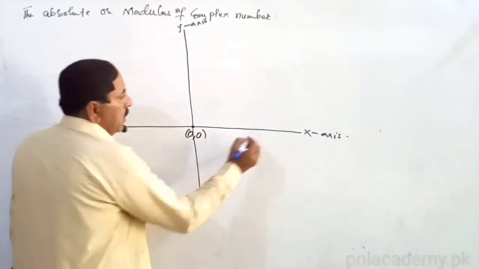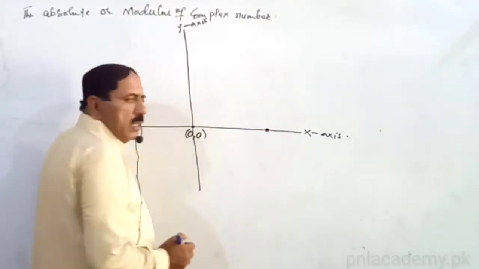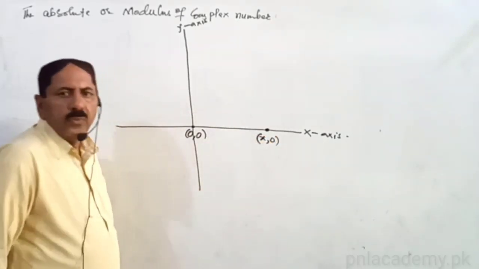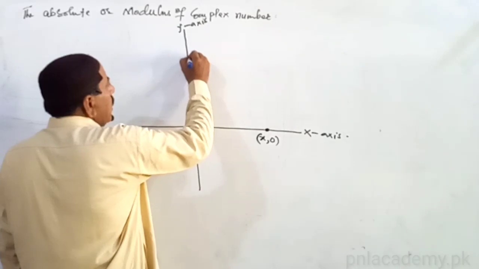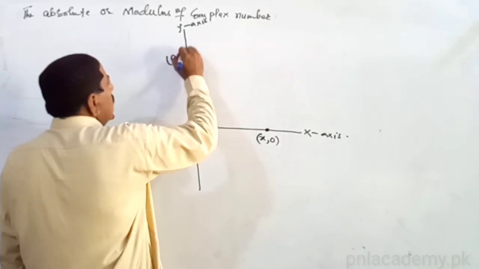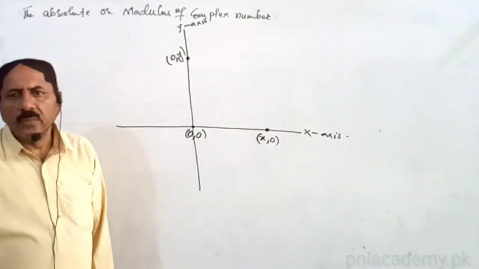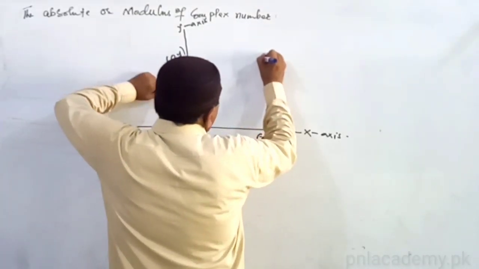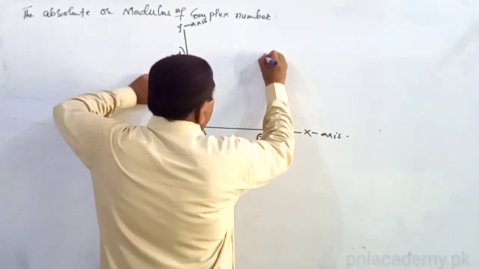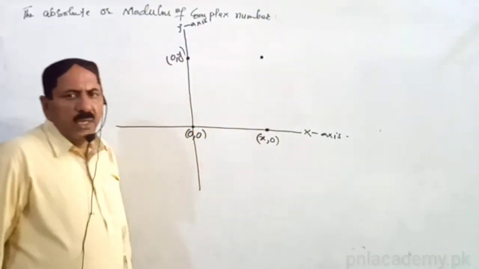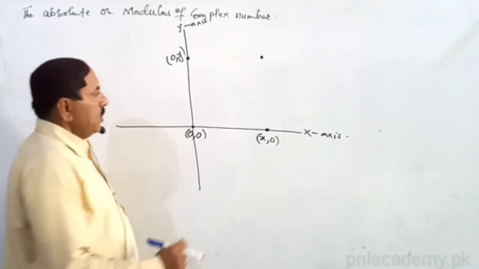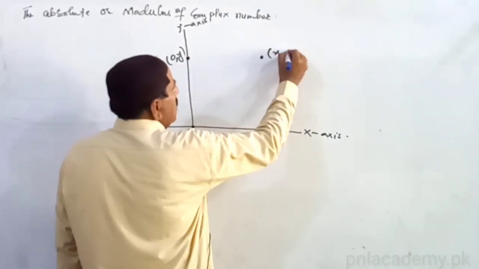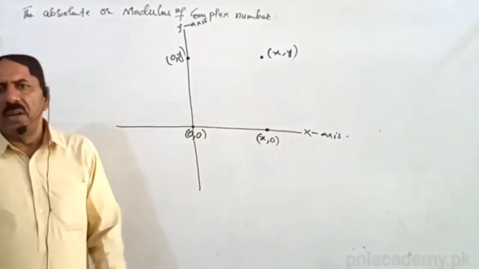If we observe that here is the point x, 0, and here is the point 0, y. But if we consider that here is the point which is in front of x, 0 means x, 0, y means y. This is a point which consists on x, y.